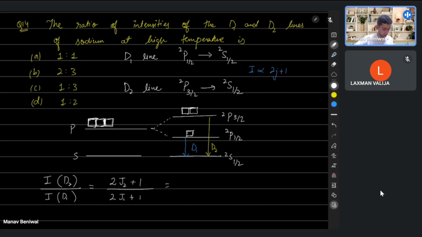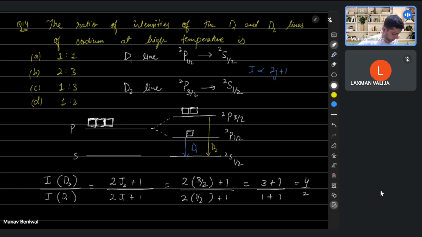Here we have j2 is 3 by 2 and j1 is 1 by 2. So this becomes 3 plus 1 and this becomes 1 plus 1. So this is 4 over 2, which is nothing but 2.